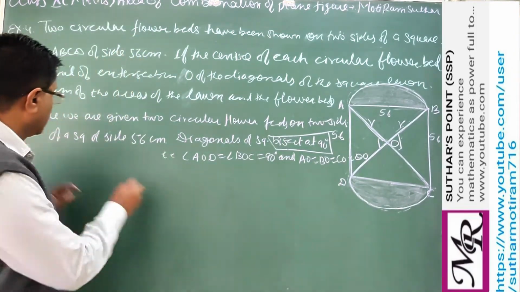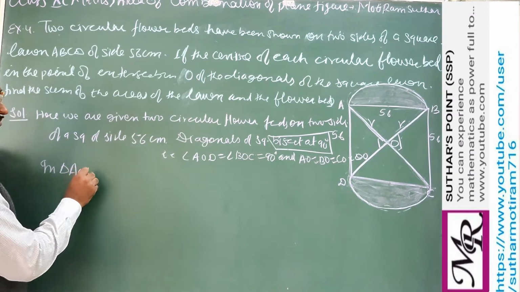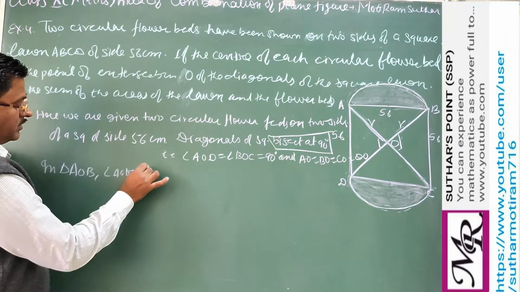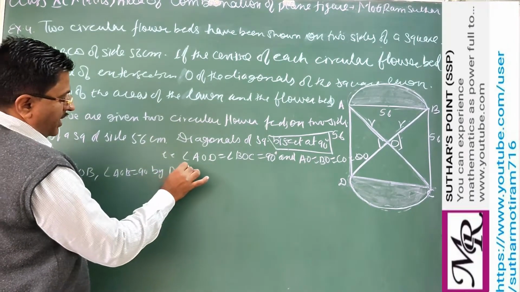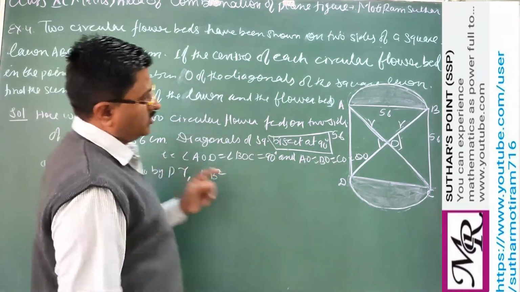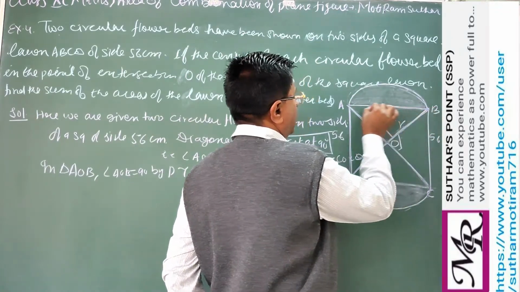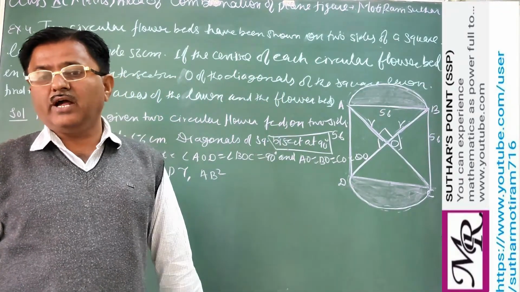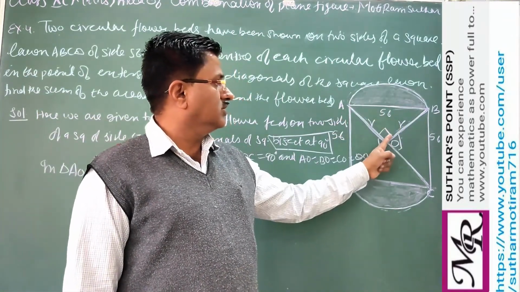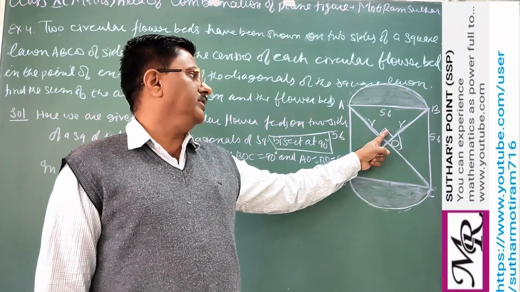Now in triangle AOB, angle AOB is 90 degrees. So by the Pythagoras theorem, because AOB is a right triangle, the side opposite the 90 degree angle is the hypotenuse.